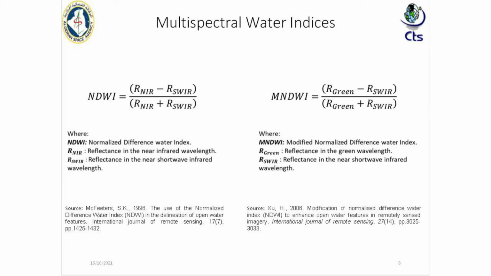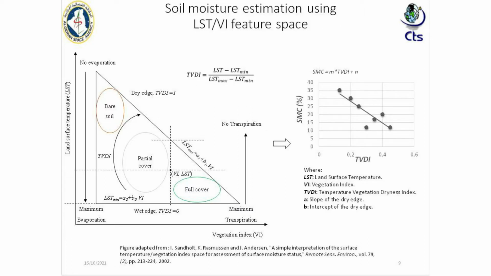So we needed to try another method that is resistant to vegetation cover presence, which is the popular LST-VI feature space. LST stands for land surface temperature, and VI stands for vegetation index. Now, vegetation index is a great way to represent fractional vegetation cover.